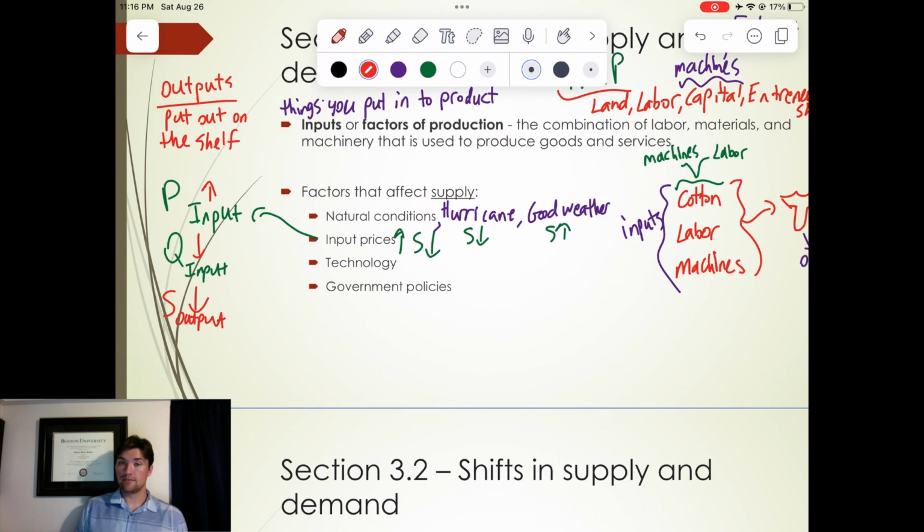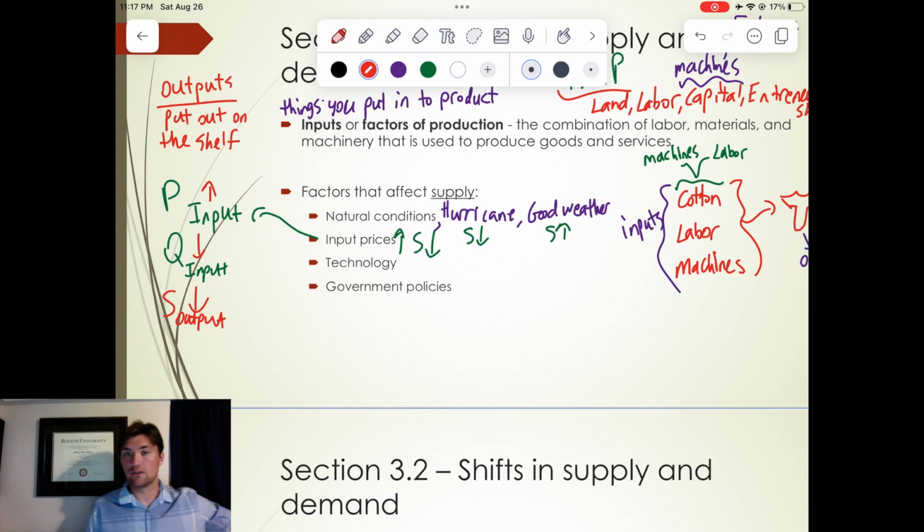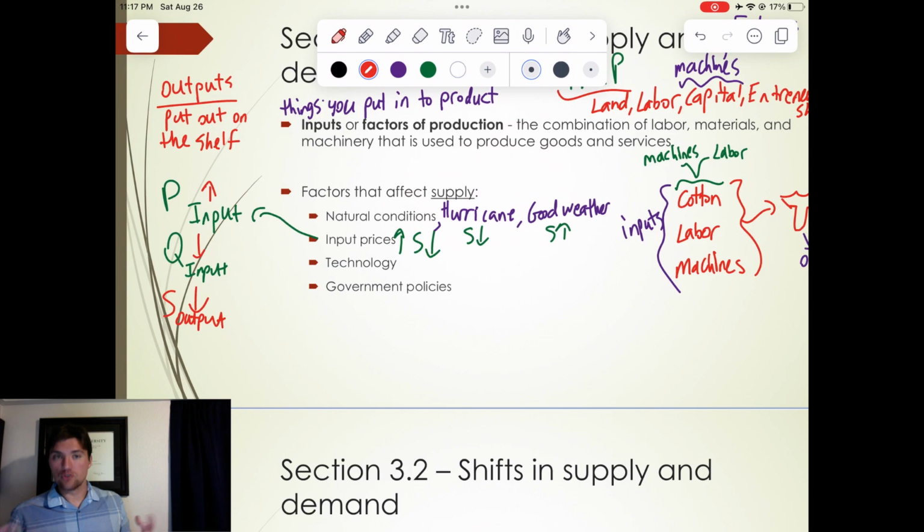Or maybe businesses are trying to still keep their profits up, and raising the prices is a great way to do that, right? Because if the price of steel goes up $500, guess what happens to the price of the car? It increases $500. That's usually what happens here. So there's two ways of thinking about it, but the main thing is, because it's more expensive, there's less supply.